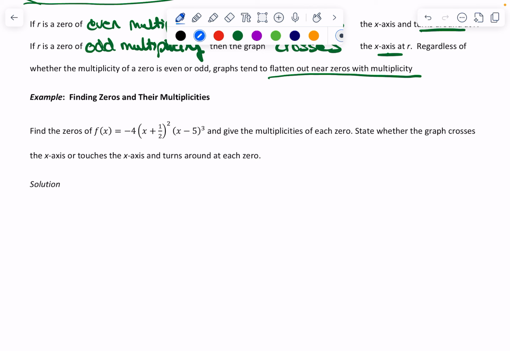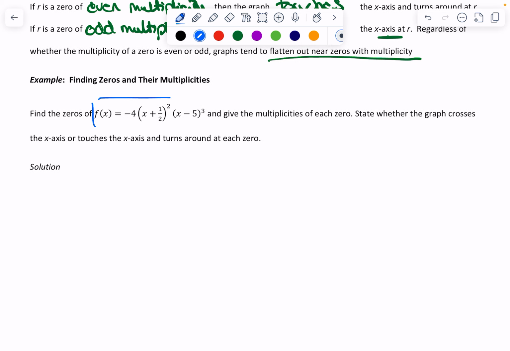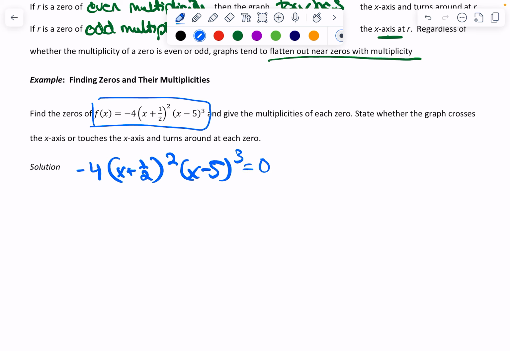The example here: find the zeros of f of x and give the multiplicities of each zero. State whether the graph crosses the x-axis or touches the x-axis and turns around at each zero. Okay, this one here, we have negative 4 times x plus half, squared, times x minus 5, cubed, equals 0. What we're going to do is take the first part, negative 4 times x plus half squared, equals 0.